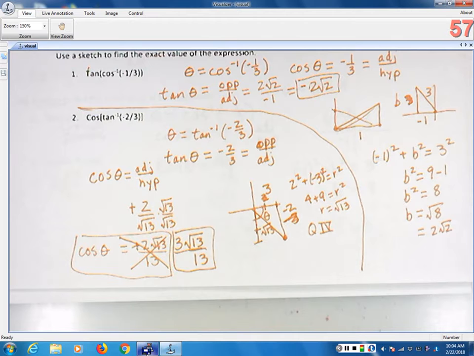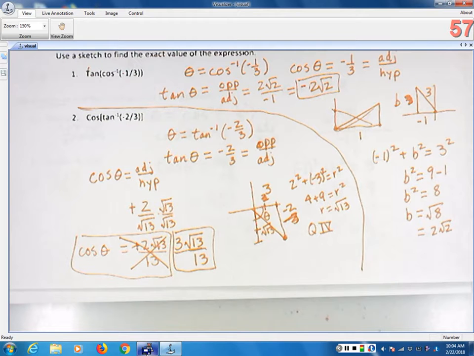You get r, it's the square root of 13, because you have two sides: the square root of 4 plus 9.